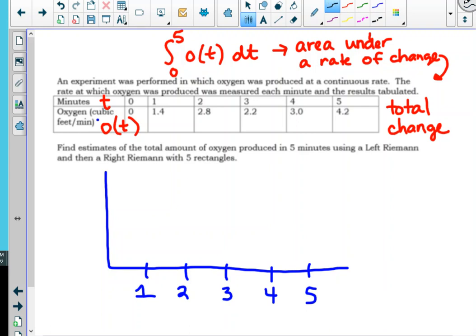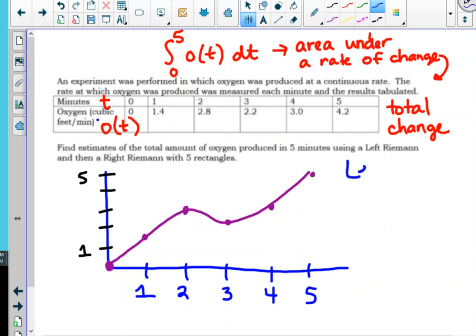So we'll just eyeball some of these. 0 is 0, and 1 is 1.4, and 2 is 2.8, which is almost 3, and 3 then jumps down to like 2.2, and then 4 goes back up to 3, and 5 goes over 4, something that looks like that.